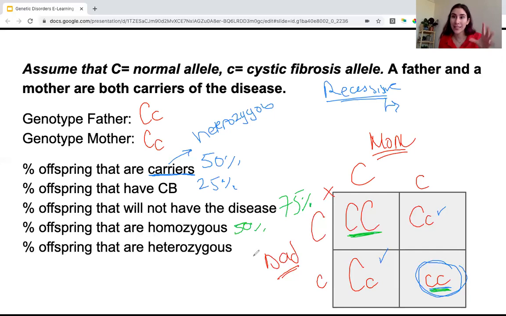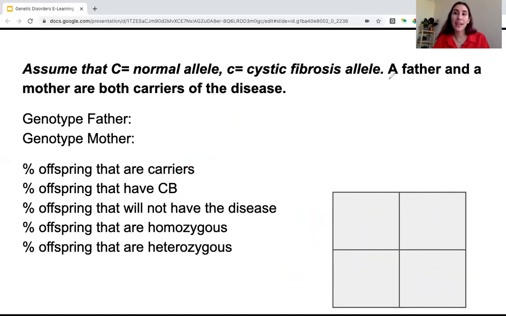What about heterozygous, aka carrier? Again, we also see a 50% chance of being a carrier. Okay, so that's in terms of a recessive genetic disorder. Again, we're still autosomal, meaning that this is happening on an autosomal chromosome.